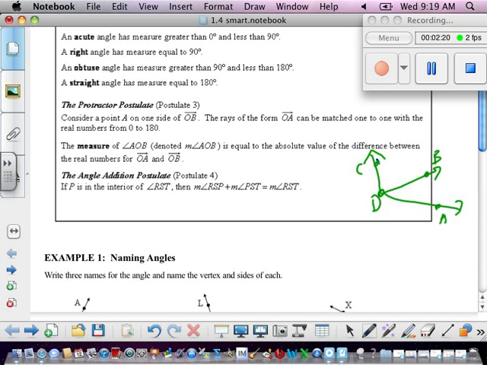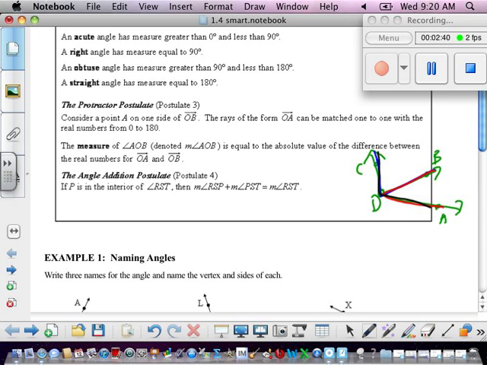Does that make sense? You don't get that this angle added to this angle gives you this angle? It's like that. All right.